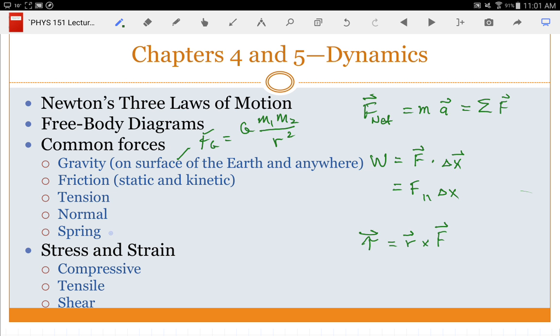And so for springs we had an equation, the force in the spring is equal to minus k delta x. I put it there with the minus sign very explicitly because a spring has a restoring force. You stretch it, it wants to pull back. You compress it, it wants to push back out to where it started. That was important in our last lecture because that is the force relationship that allows you to have a simple harmonic oscillator.